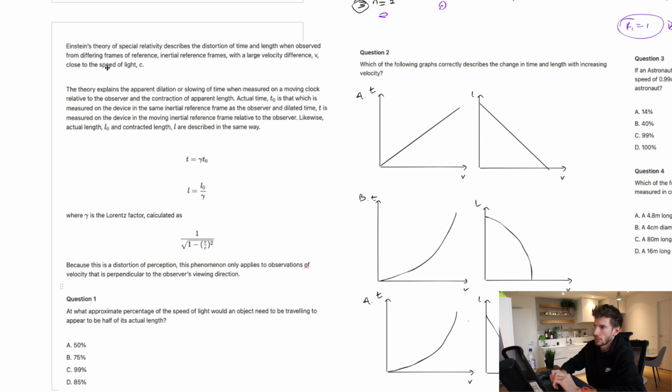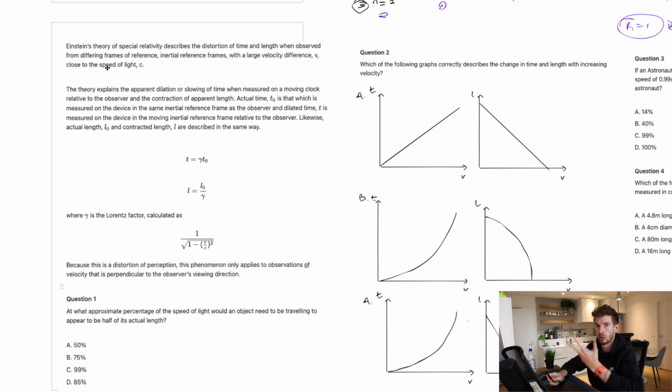Actual time, t0, is that which is measured on the device in the same inertial reference frame as the observer, and dilated time is measured on the device in the moving inertial reference frame relative to the observer. So basically what that means is, if I am on a skateboard going down a hill and I look at my watch, it is not moving relative to me. It's in the same reference frame as me, despite me moving.